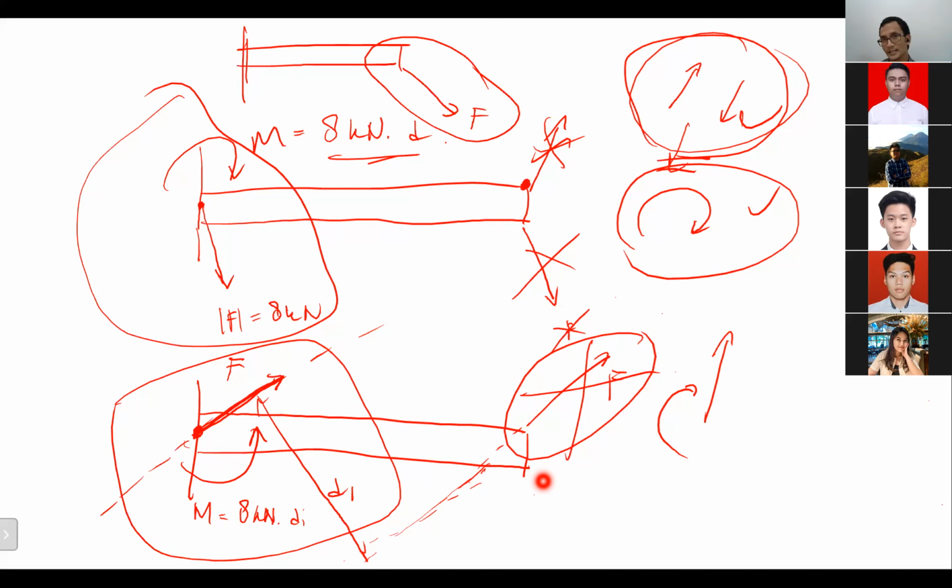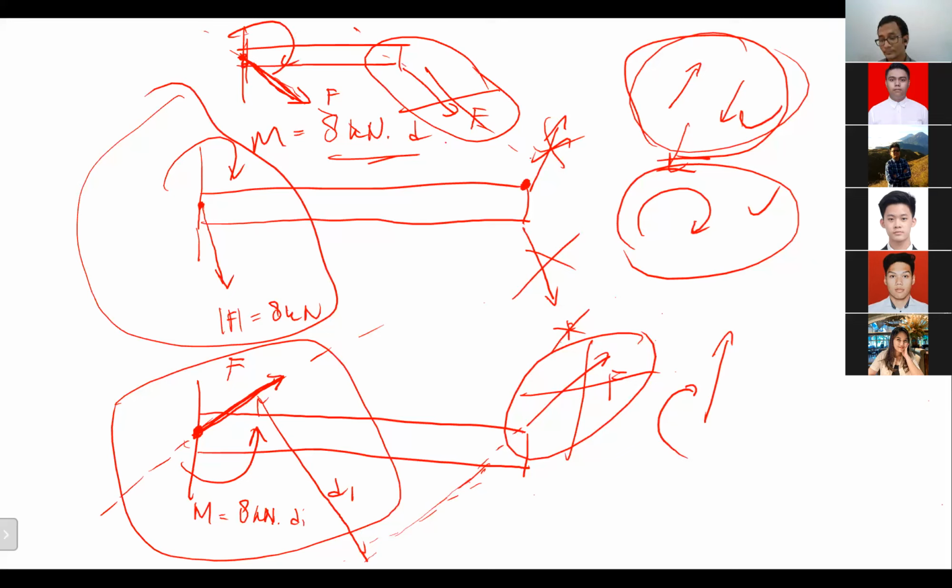You get it? If you move it here to this particular point, the line of action is different, right? So like it or not, there will be a moment there. So after you delete this, there will be a force here, the same amount of force F, plus a moment or couple.